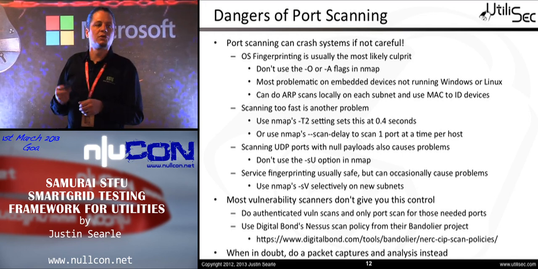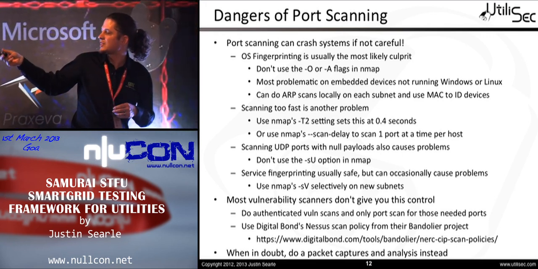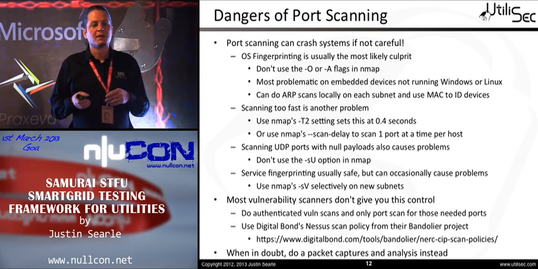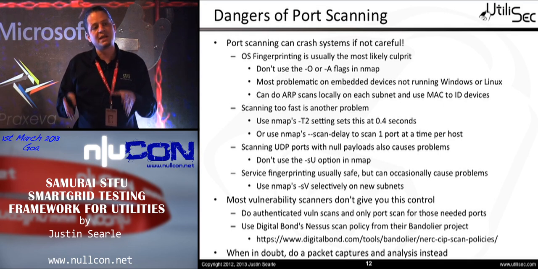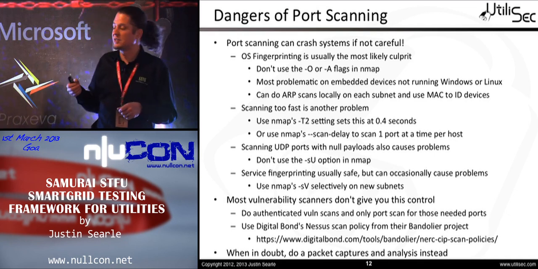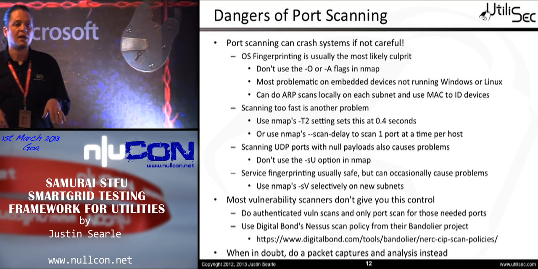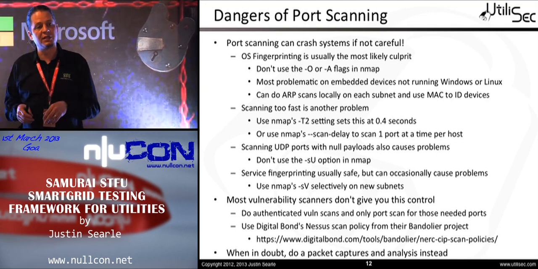Also, when you do things like vulnerability scans, having different types of tools like the Nessus scan policy from Digital Bond. Okay, this is a special policy for Nessus that you should use against any type of a control system network. What it does is it tells Nessus not to go through and do its normal tests trying to find vulnerabilities through unauthenticated means. It uses authentication inside of Nessus policies, disables most of the security checks that Nessus does, and tries to do everything through that authentication link.